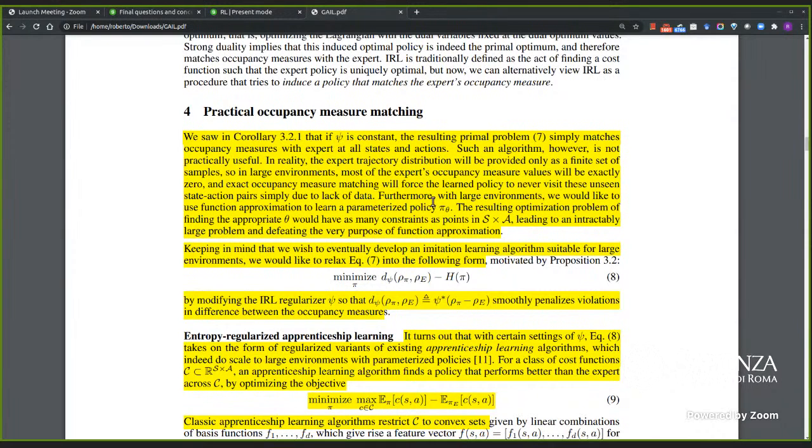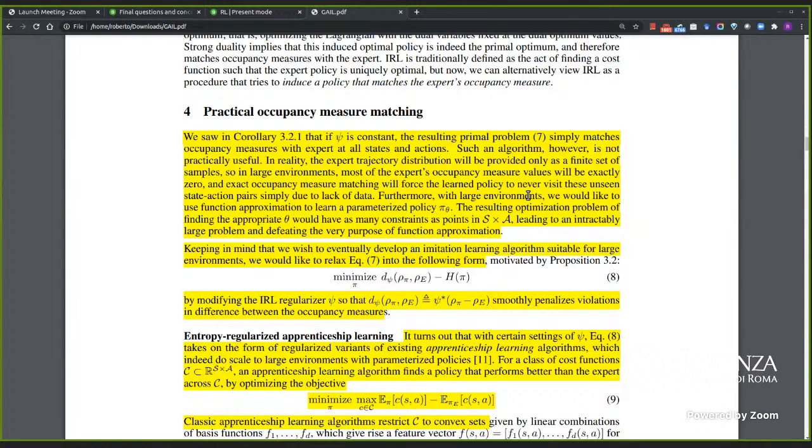And exact occupancy measure matching will force the learned policy to never visit the unseen state action pairs, simply due to lack of data. So the fact that we don't have a lot of data leads us to a situation where you don't see the expert visiting other state action pairs, as I was explaining also at the beginning when I talked about behavior cloning.